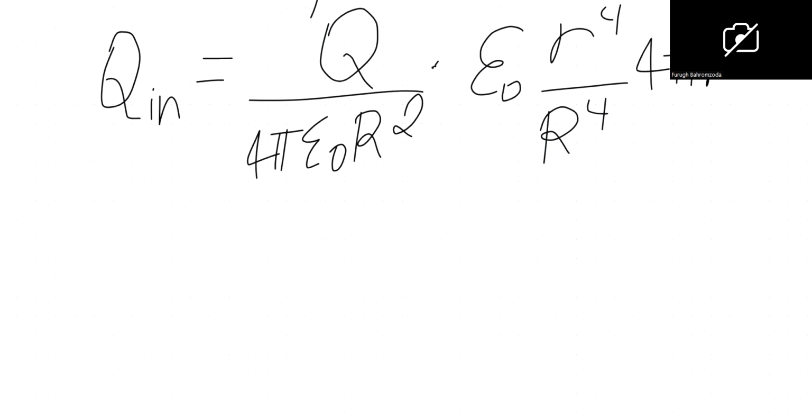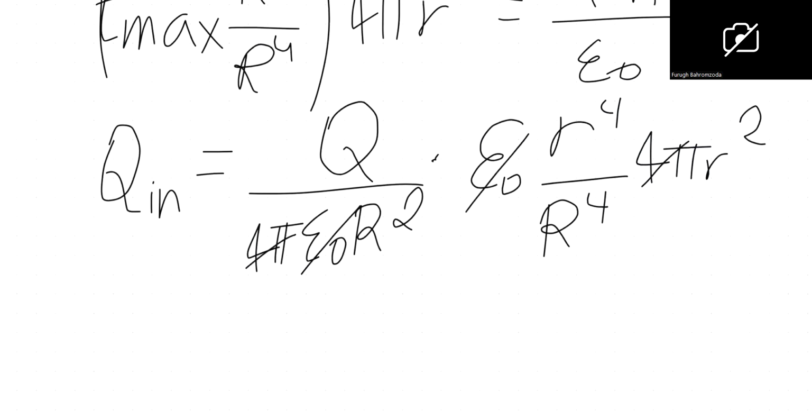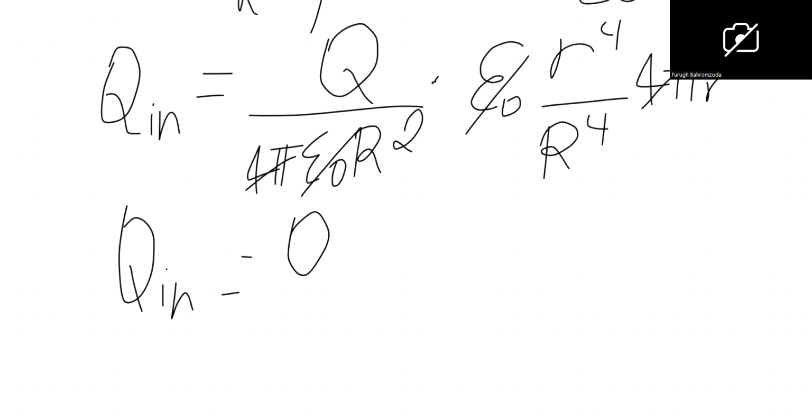So we will simplify. 4 pi cancels with this 4 pi, epsilon cancels with this epsilon, and we will add the powers of r. So the final answer is Q enclosed equals Q r small to the power of 6 over R big to the power of 6.